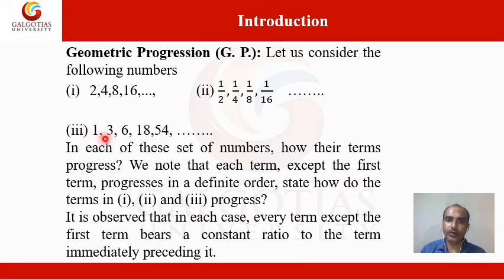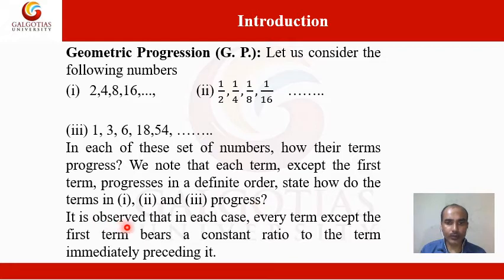And third, 1, 3, 9, 27, 81 and so on. In each of these sets of numbers, how do their terms progress? We note that each term except the first term progresses in a definite order.